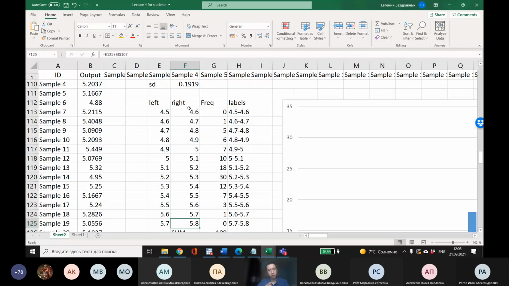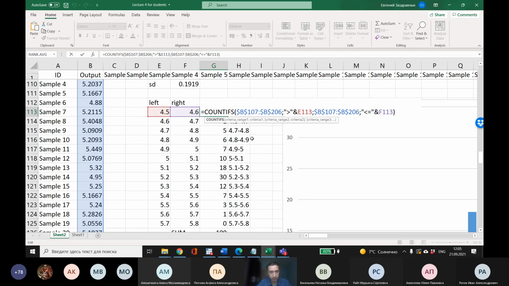So now we have to calculate values. We have to create a frequency column. To do this, you should apply such a formula. Look, here I use bigger than and this operator. Apply the formula to calculate frequencies and check whether the sum of your frequencies equals 100.